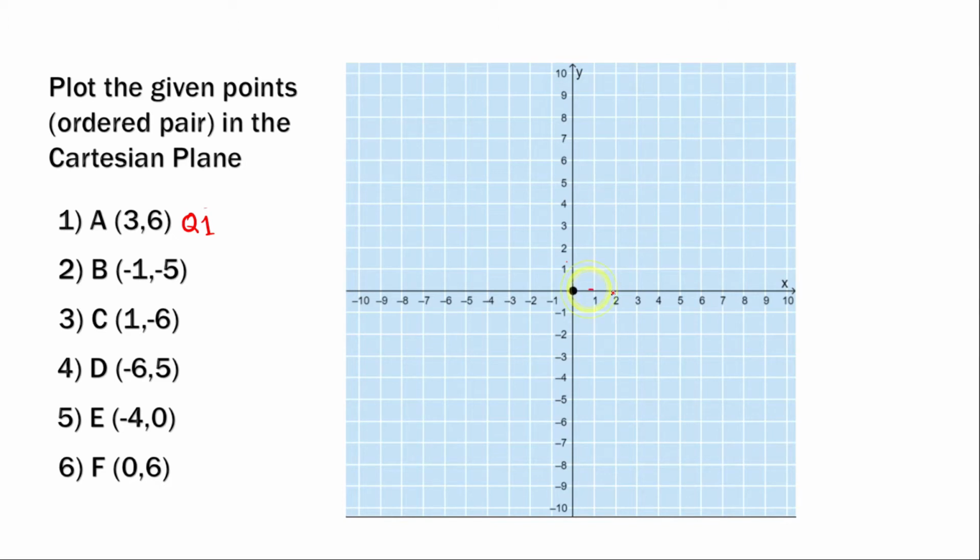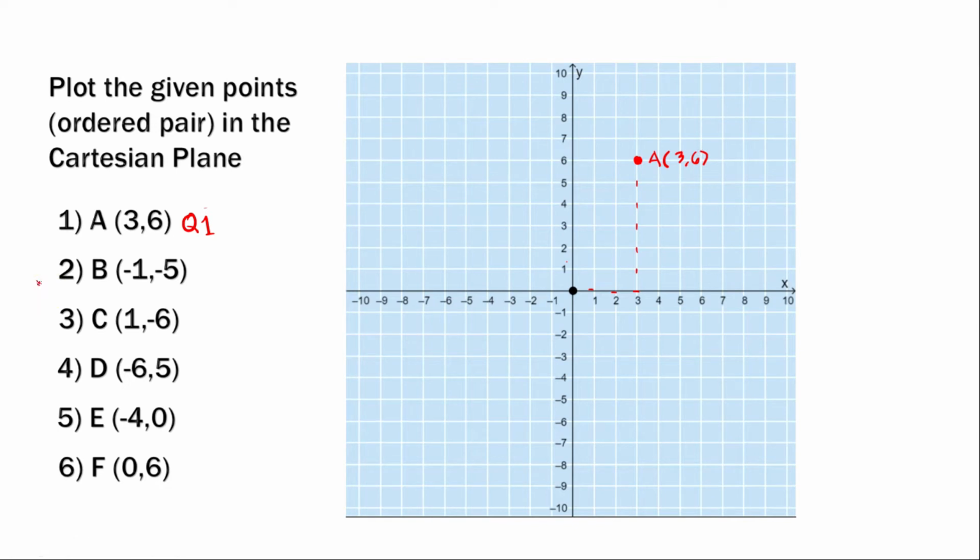So that is 1, 2, 3, and 6 for our y coordinate, so that is 6 steps going up. So 1, 2, 3, 4, 5, 6. So dito natin i-point yung ating coordinate. Point A at 3, 6.